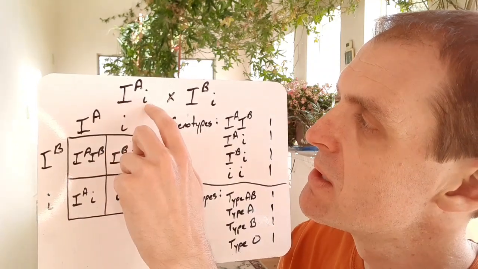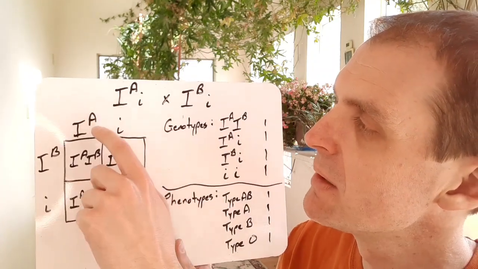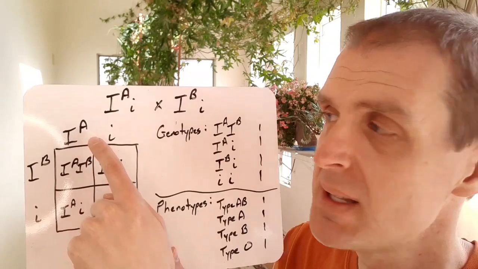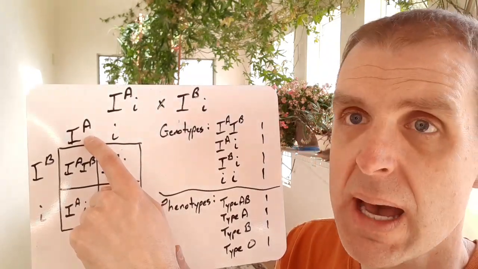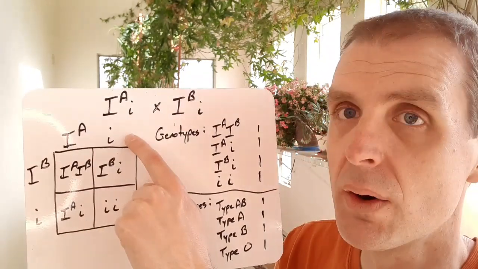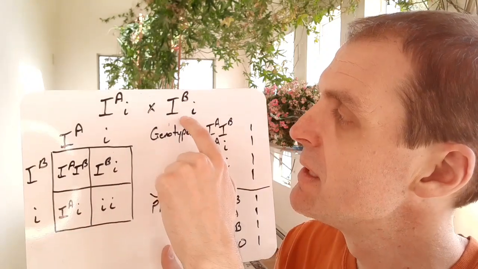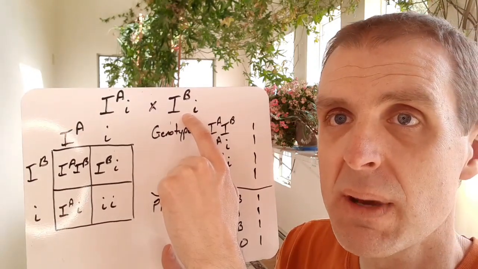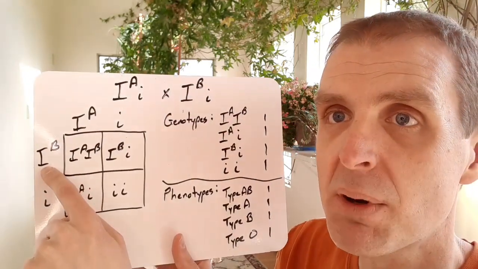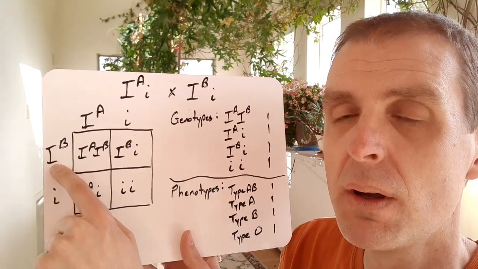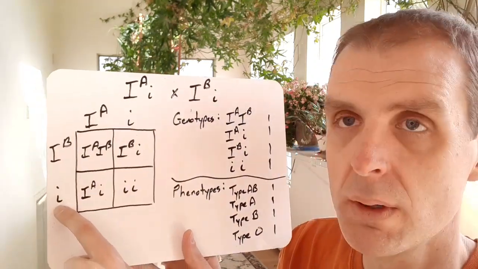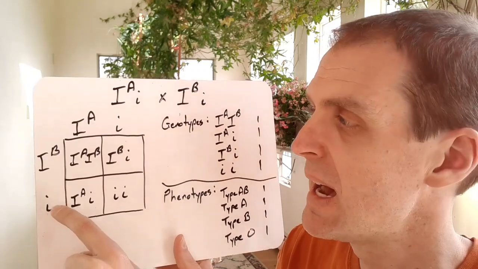I'm going to put these two possible alleles. Those can be what the gametes carry, either a capital I superscript A or a lowercase i. This organism here can make gametes of either capital I superscript B or lowercase i.